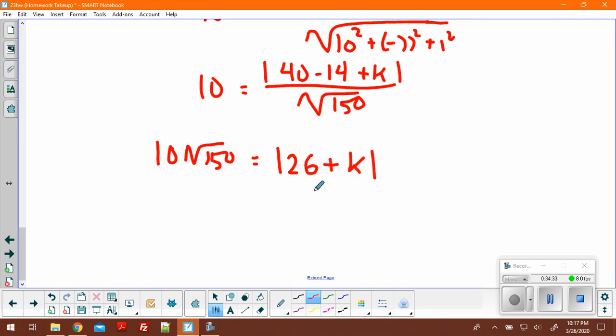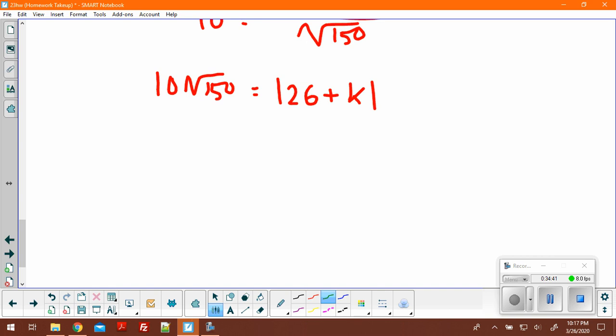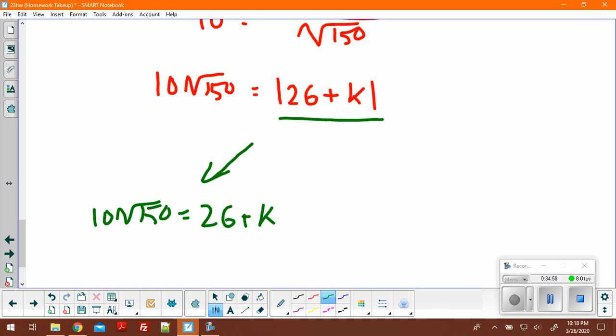So this came up on the last assignment. This branches into two possible solutions. It says the magnitude of this is equal to 10 root 150. So that means that either this started as positive 10 root 150, so 10 root 150 equals 26 plus k, or it could mean that this became negative 10 root 150, and then the absolute value stripped that away, so negative 10 root 150 is equal to 26 plus k.